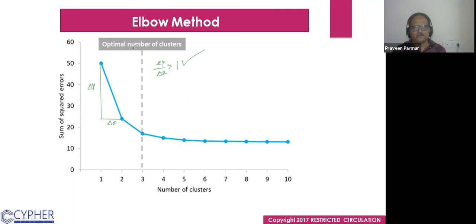Here also we see, okay, it's okay. We have near about 1, maybe less than 1 also, but not much less.